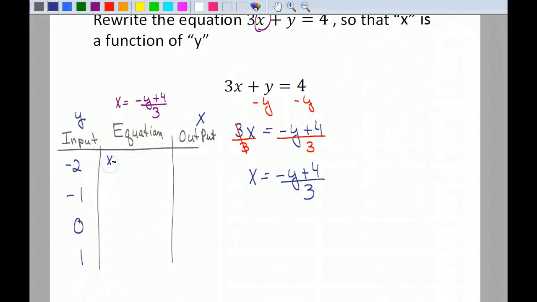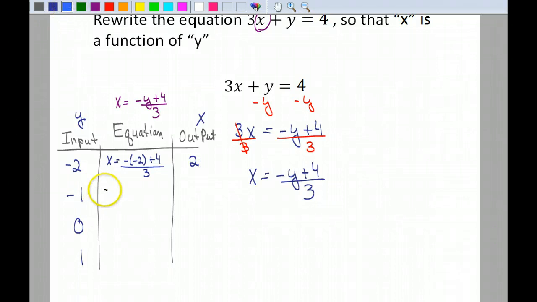So I know that x is equal to negative, okay, y is negative 2, so I've got negative negative 2 plus 4, all divided by 3. Now what's a negative negative? It's a positive. So positive 2 plus 4 gives me 6. 6 divided by 3 gives me 2.